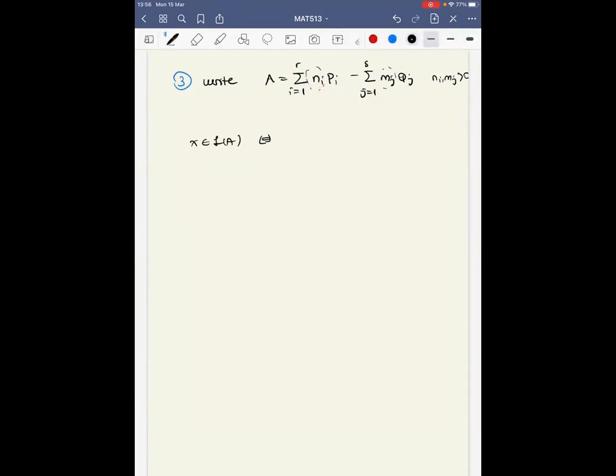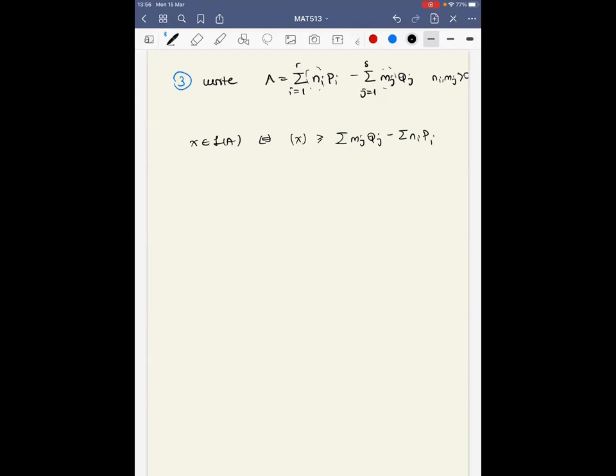What I want to say is, if x is a function in the associated L space, by the definition we know that its principal divisor is bigger than or equal to minus A. So this is m_j q_j minus n_i times p_i.